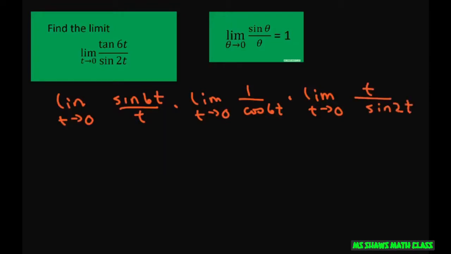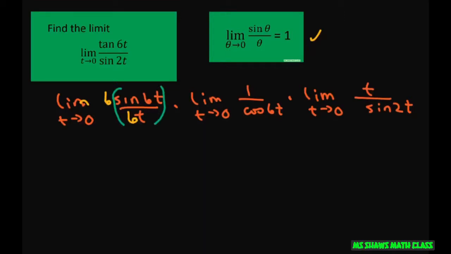That's what we did on the previous slide. So to make it look like this, I need to multiply the numerator and the denominator for this first piece by 6, because 6 divided by 6 is 1. So now I have this form that equals 1.